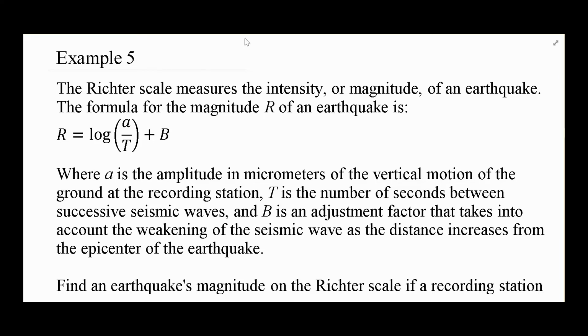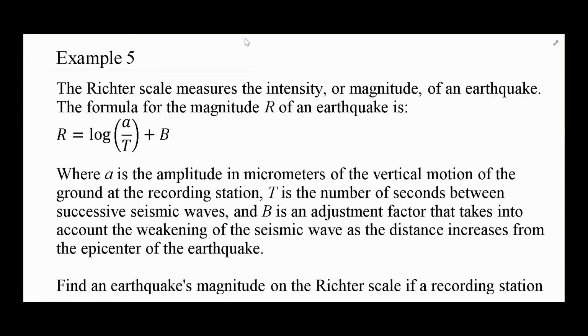Now, the formula to get that value that you hear on the news is the common log of A divided by T, plus B, where A is the amplitude of the seismic waves of the earthquake itself, and they're measured in micrometers. But this is how much the ground moved up on a wave of the earthquake.